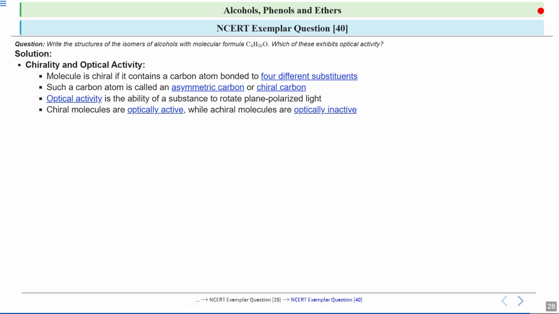That means it can rotate the plane polarized light. But achiral molecules are optically inactive. That means they cannot rotate the plane polarized light. This distinction is important in understanding how molecules interact with light and other chiral substances.